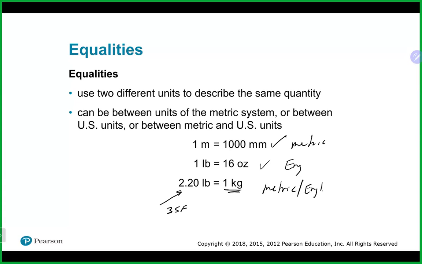It is not always that, especially if you come across a metric to English conversion. You do have to take that into account. But most of the time, any conversion factor, you could almost not worry about. This is the one place where you do have to worry about it: crossing over from metric to English.